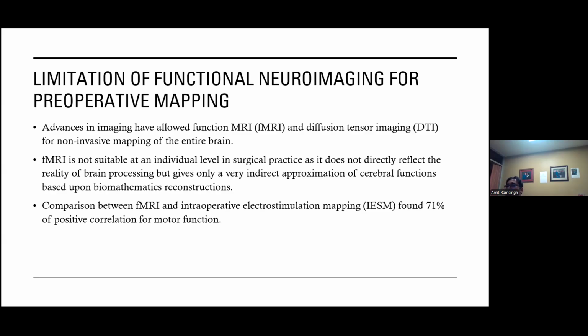For example, functional MRI is not suitable at an individual level in surgical practice because it does not directly reflect the reality of brain processing, but only gives a very indirect approximation of cerebral functions. And that is based upon biomathematical reconstructions.